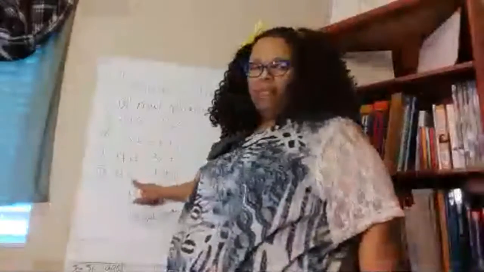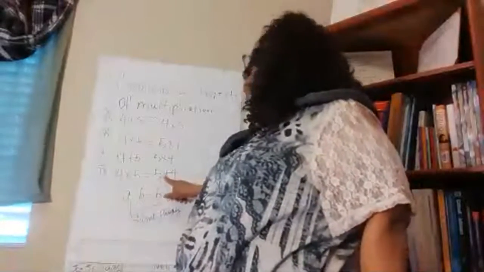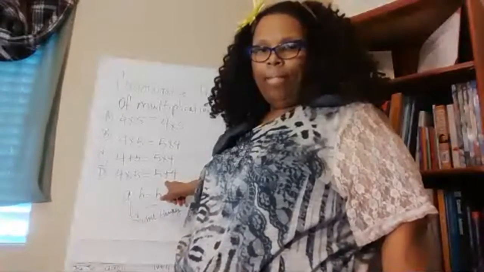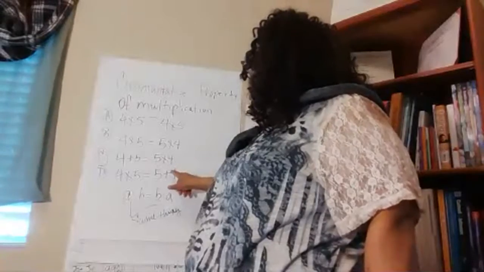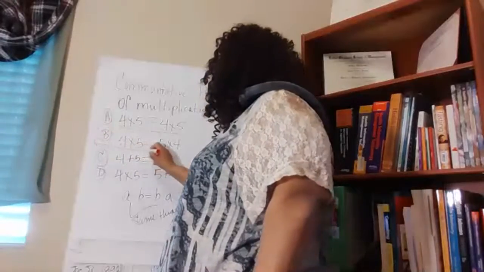Okay, so D says 4 times 5 equals 5 plus 4. Do you say D or B? Look. D, 4 times 5 equals 5 times 4. So you're absolutely correct.